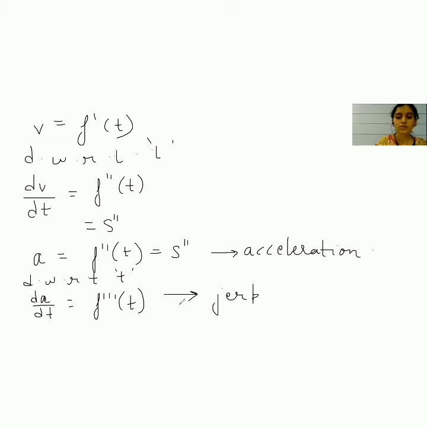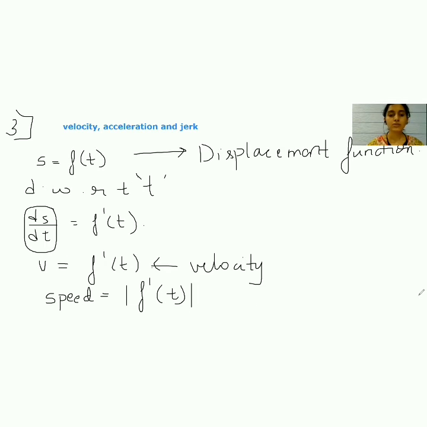Now, jerk in itself means, in Hindi, giving a jhatka, right? So when you are on your bike and you accelerate, if you are continuously changing or increasing your acceleration, you are basically giving a jerk to the vehicle. So acceleration changing with respect to time is the third derivative of displacement.